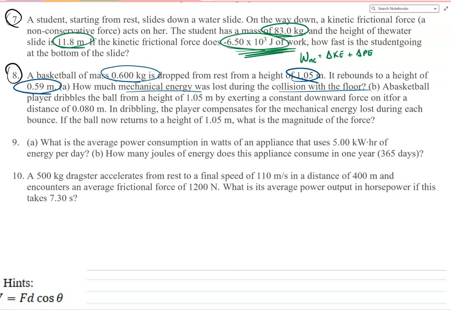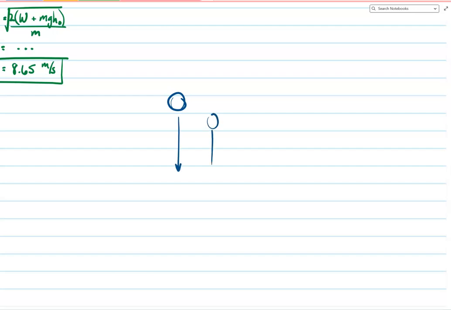Now, they're using the term collision here, and that's fine, but collisions themselves have their own series of formulas and equations that go with them. We're going to talk about those more in Chapter 8. But what we're really trying to emphasize in a problem like this is that if a basketball starts at one height and it falls, and then it rebounds, it's trying to regain the potential energy that it had from the very beginning, but there's going to be some amount of loss.